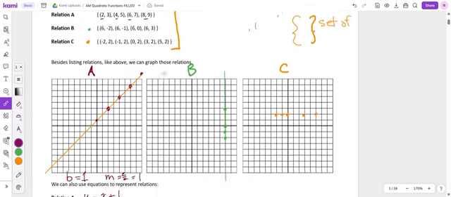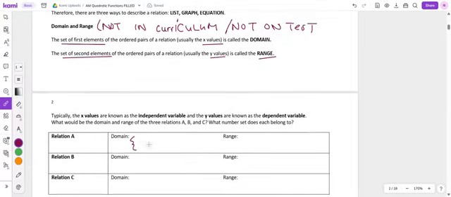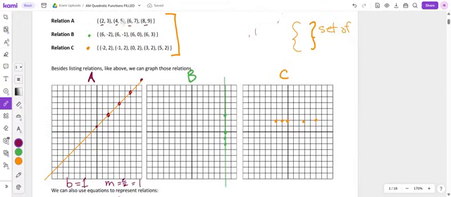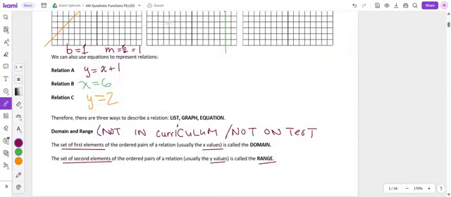Those are my x's. So we list them off. My x's are 2, 4, 6, 8. Close bracket. That's my set. What's the range? Well, let's look at what the y's are. 3, 5, 7, 9.